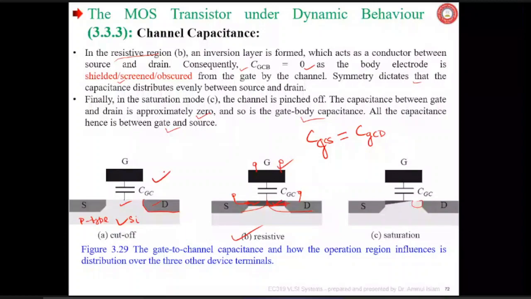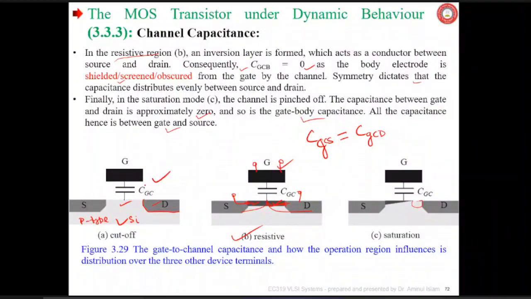Whatever value was here in this case, CGC, I mean I could write CGB, it is getting divided equally, and the body is obscured or shielded. Hence this value of capacitance becomes 0. Rather, now it is divided in two parts, one associated with source, another associated with drain, and they are equal. If I write this one in this case as Cox into WL.